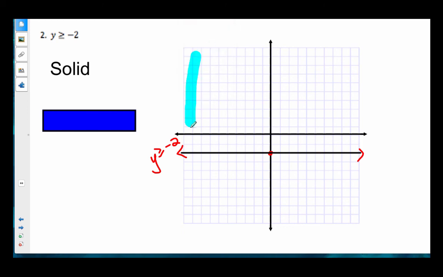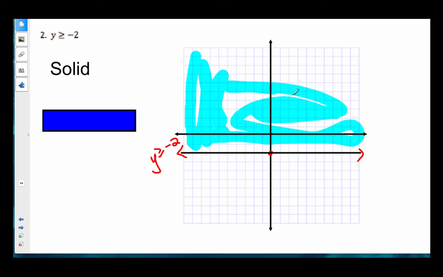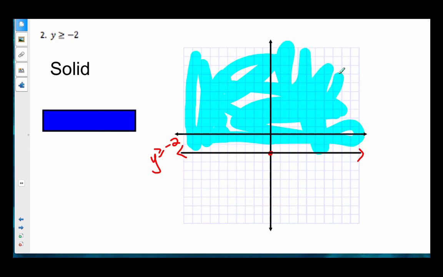So you should be shading above the boundary line. Pause the video and make sure that your graph matches this one.